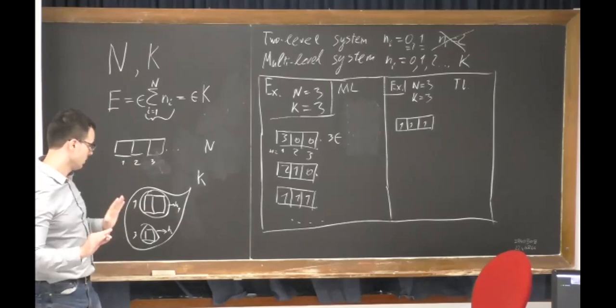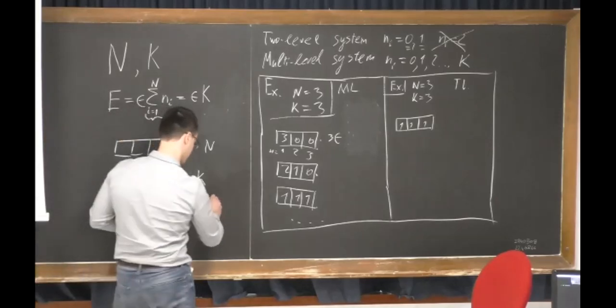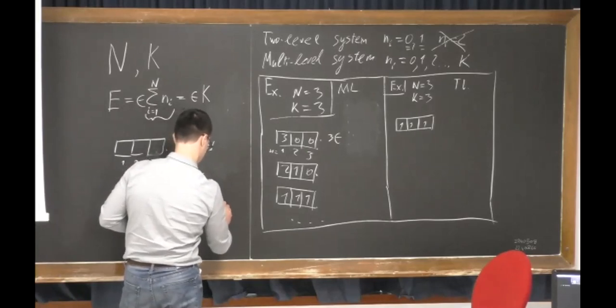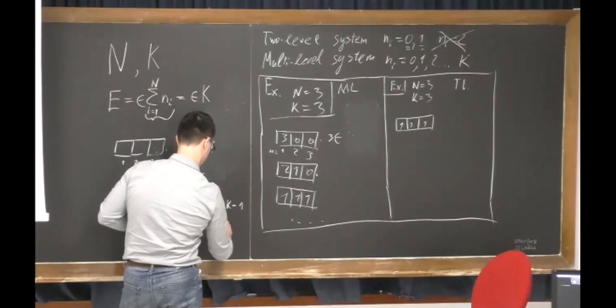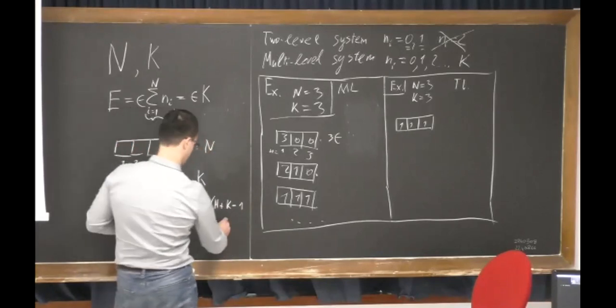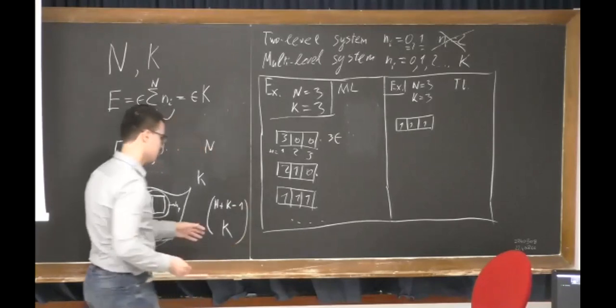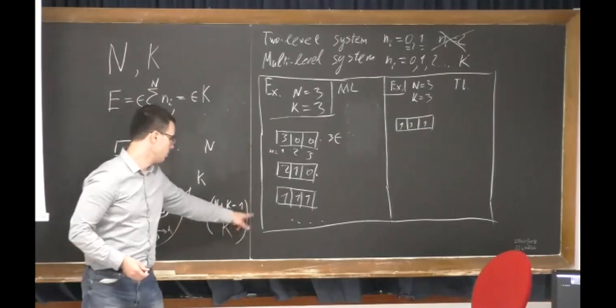That formula is given by the binomial coefficient, capital N plus capital K minus 1 over K. That's the number of combinations.